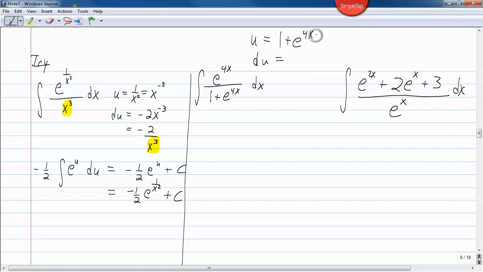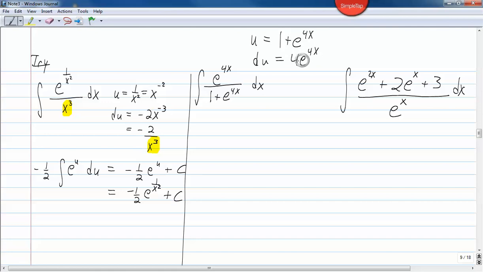The derivative of e to the 4x is 4e to the 4x. Okay? So that is letting the entire denominator be my u.